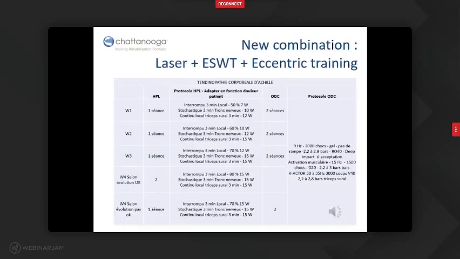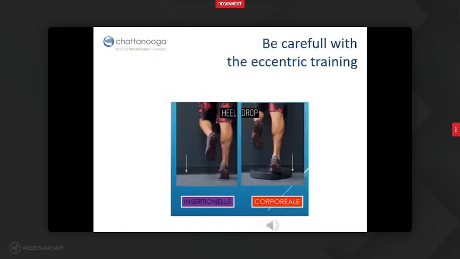Then we will use the same new protocol, but the eccentric training will be a little bit different. In this case, we don't use a step for the eccentric training. We do that directly on the floor.